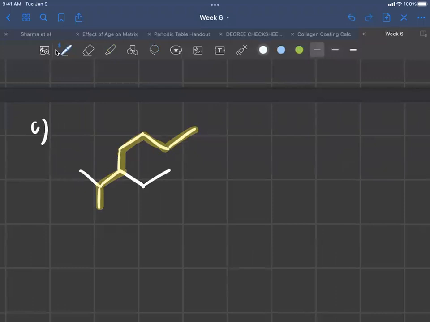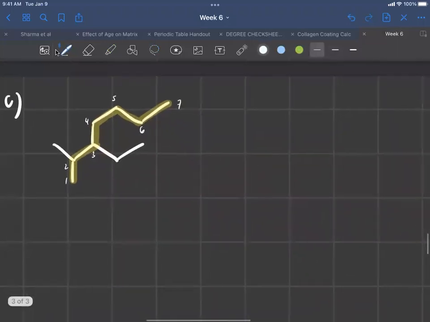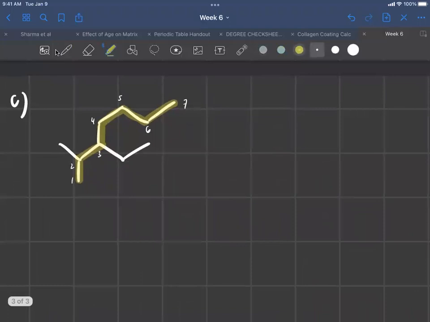And our counting is going to be 1, 2, 3, 4, 5, 6, and 7. So we have 7 carbons. Let's say we went a different route. Let's say maybe we had this. Then there would be only 1, 2, 3, and 4. So there would only be 4 carbons. So we'll stick with the yellow route.